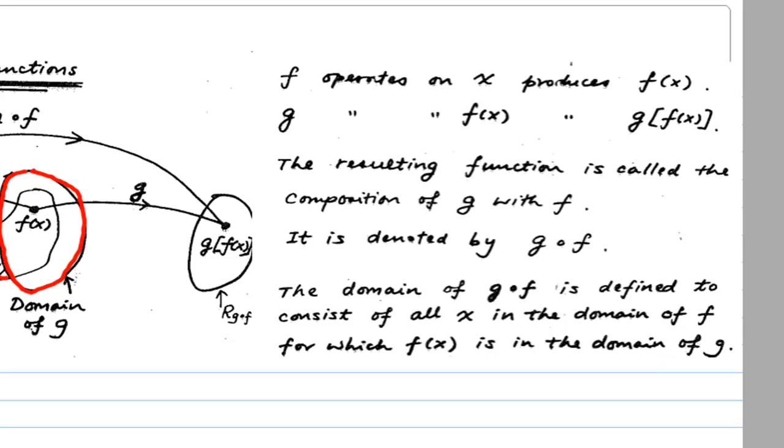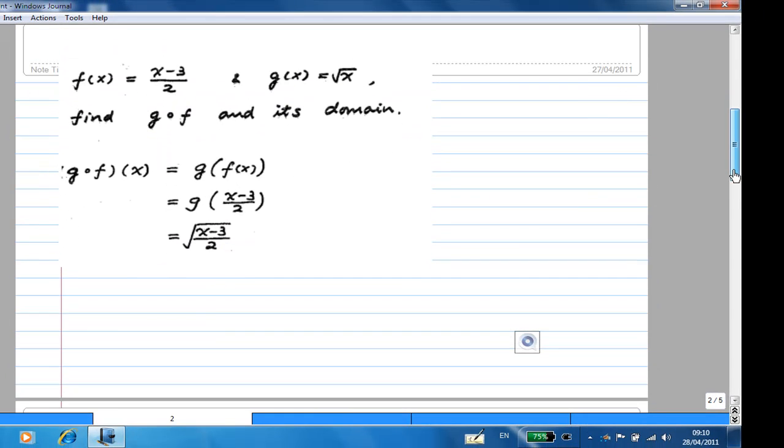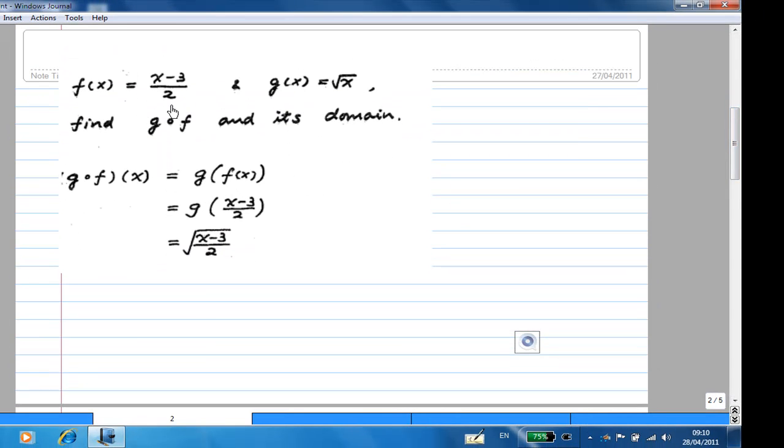Now, how do you find the formula for g composed with f? Here is an example. If f of x equals (x minus 3) over 2, and g of x equals the square root of x, then g composed with f means you apply f of x first, then continue to apply g.